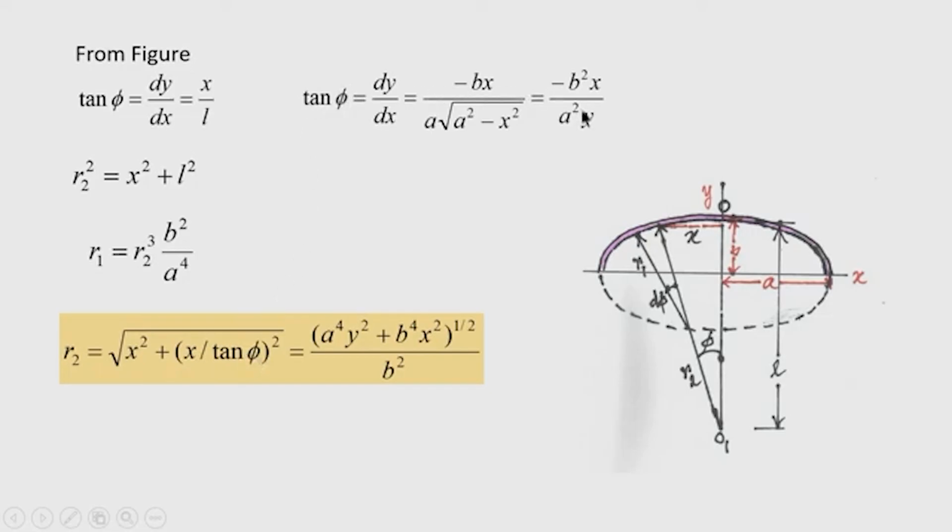So, substituting the value of tan phi here, and after simplification we obtain the value of R2 as (a^4 y^2 + b^4 x^2) raised to the power half divided by b^2. So, we obtain two principal radii of curvature. R1 is one principal radius of curvature and R2 is also one principal radius of curvature. R1 is expressed in terms of R2.